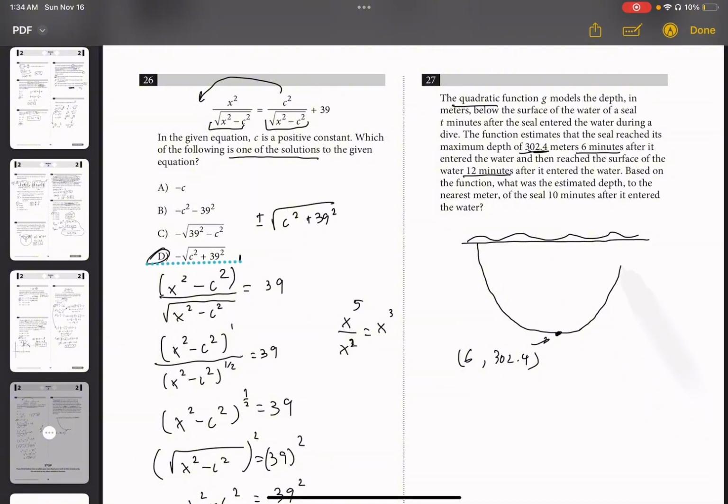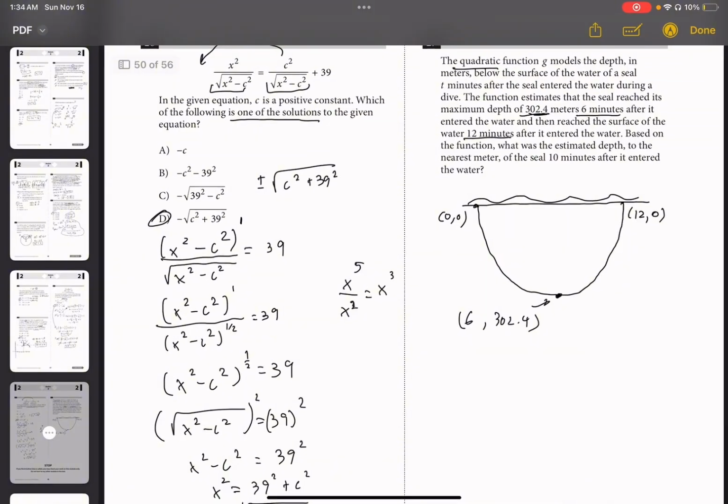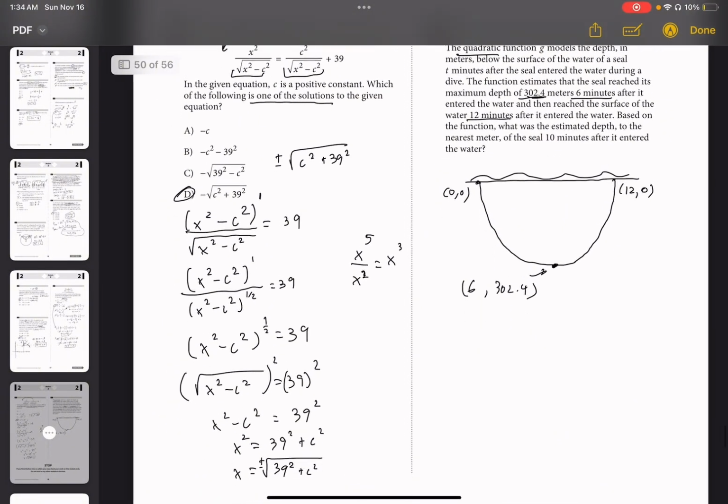And then we're coming back up to the surface at 12 minutes, and this will obviously be the point (12, 0). So you can use graphing technology to find this, or you can construct the equation yourself, and I'm going to do it that way for the purpose of this video.